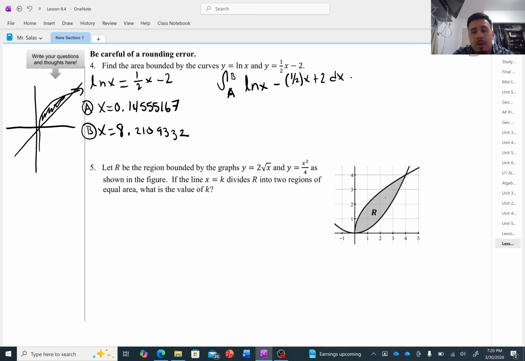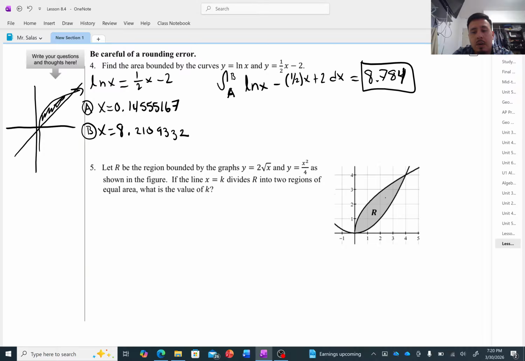Make sure that your lower bound is an A, your upper bound is a B. Type that in, and you should get approximately 8.784. This is your answer.